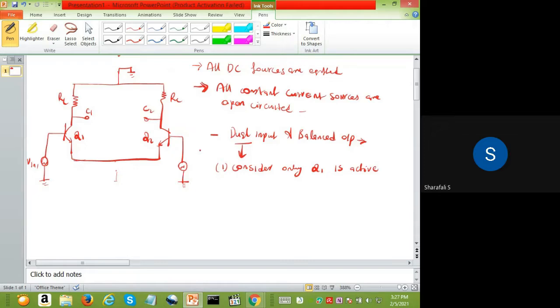So we make that separately. We do all analysis separately. Then we use the superposition principle to club them together. Okay. So first consider Q1 is active, or we can say only Vin1 is applied.